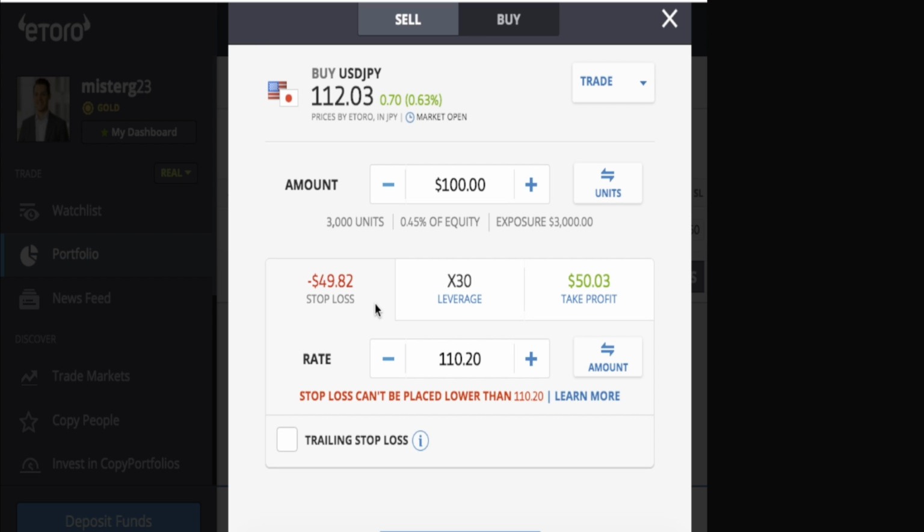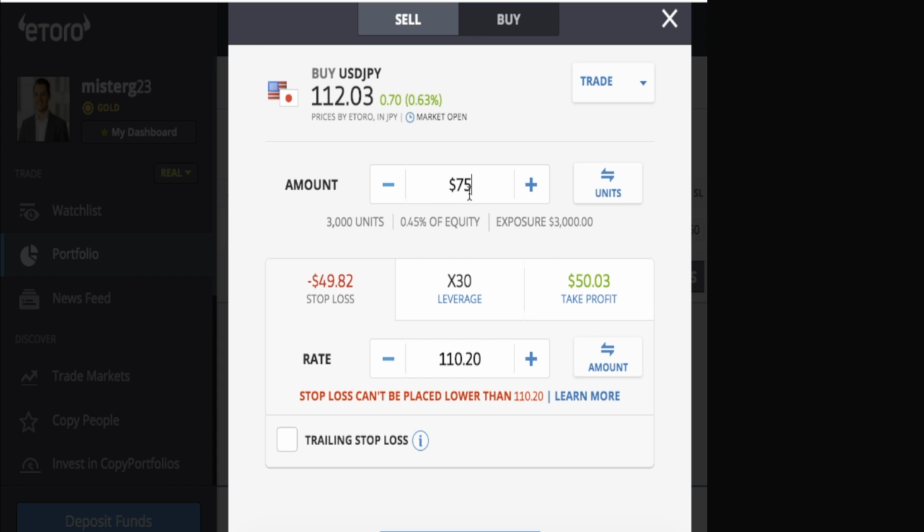So if you do want to set your stop loss at a lower level, and we had decided on 109.5, and you think this is too much money for you to lose, then don't set the stop loss higher, because then your trade no longer makes sense. Simply reduce the amount of the trade until you're happy with the stop loss.